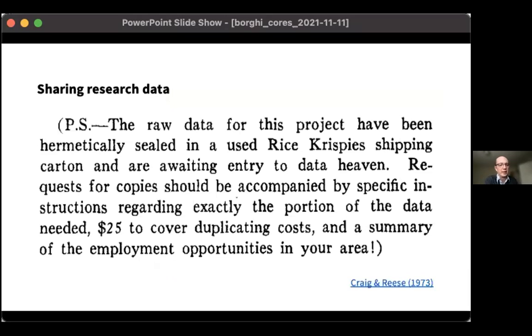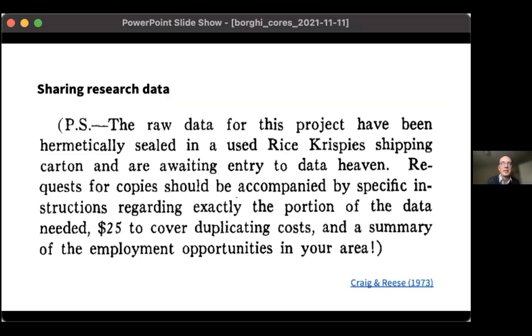What is on the screen here is what I believe may be the first data availability statement in the field of psychology. There's a series of articles beginning in the 1960s, maybe the late 50s, talking about the availability or lack thereof of research data underlying publications in that particular field.